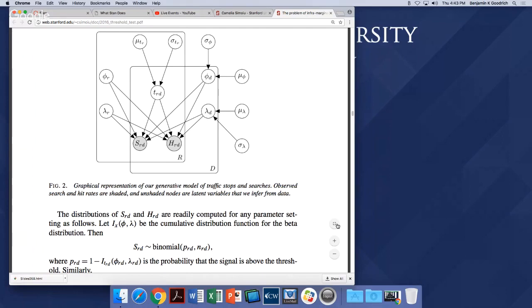And I wanted to make another point about that. It illustrates that when you do something like this, the priors don't necessarily have to be your priors.